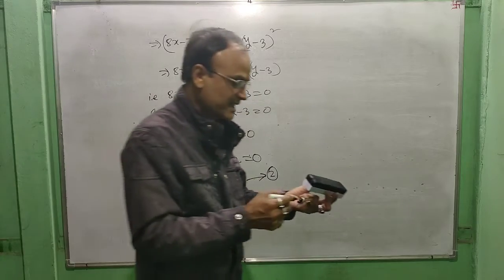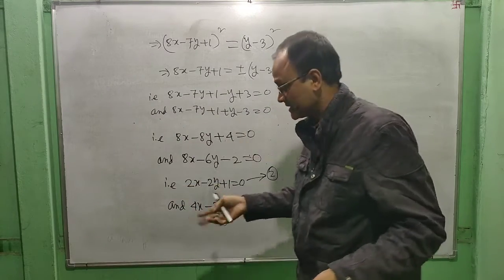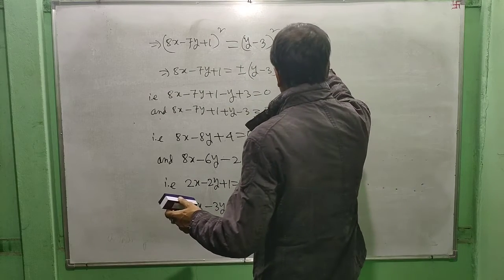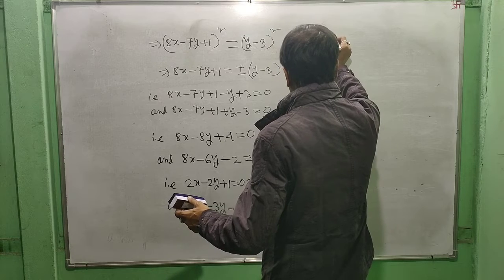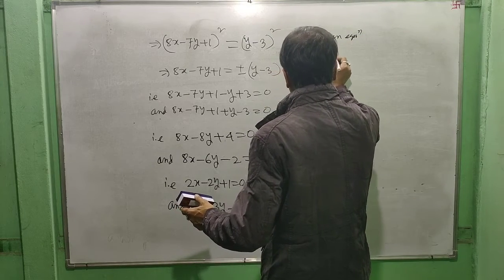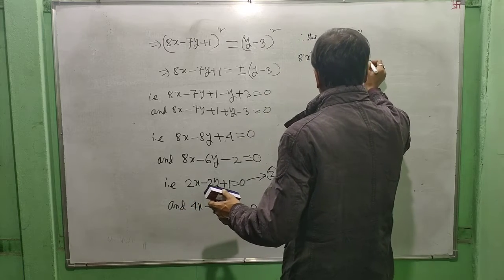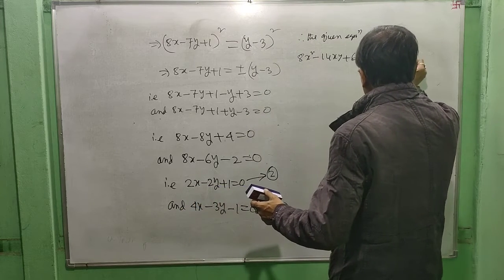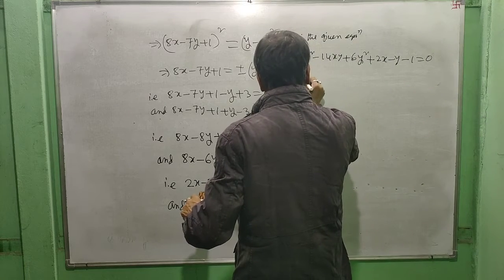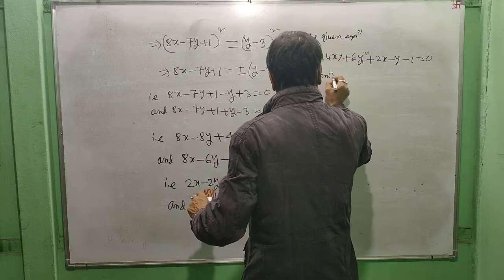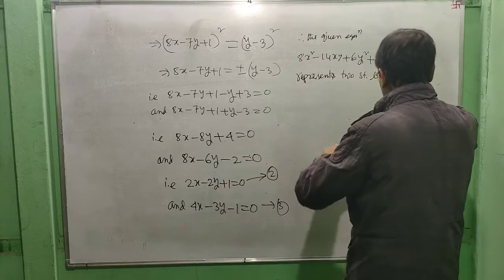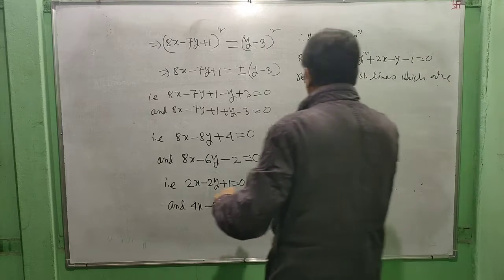Therefore, the given equation represents two straight lines. The two straight lines are this and this. Therefore, the given equation 8x square minus 14xy plus 6y square plus twice x minus 1 minus y equal to 0 represents two straight lines, which are 2 and 3.